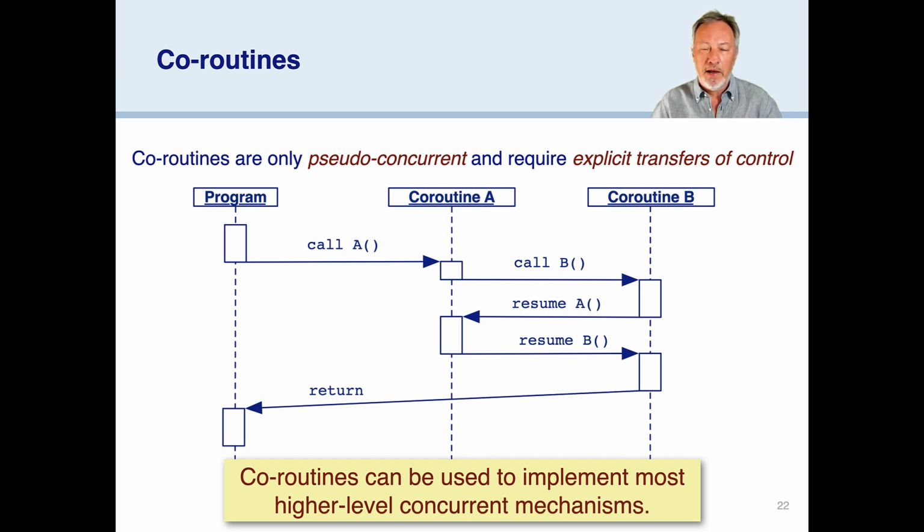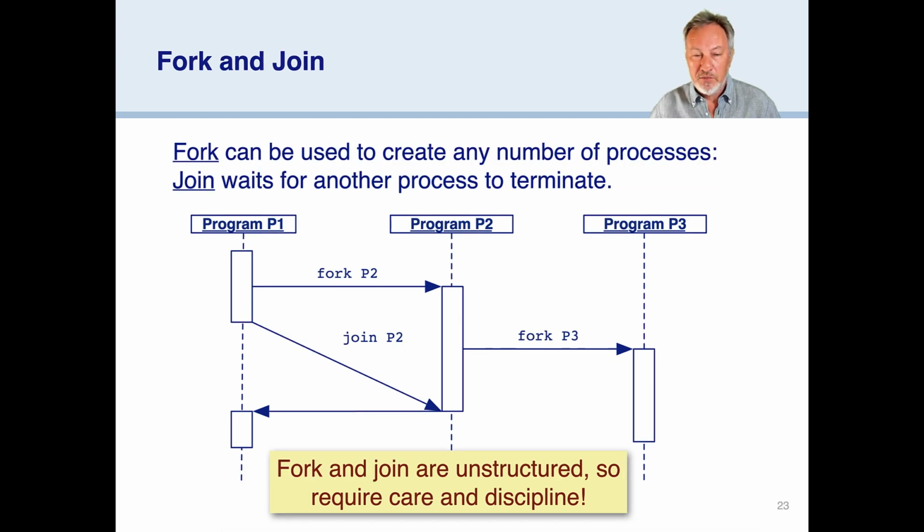Then typically in your programming language you will have higher level mechanisms for expressing concurrency, and when code is generated for that, they may be using the coroutine libraries at the lower level. So this is a historical technique, but it's not completely uninteresting because you will still find them in some contexts.